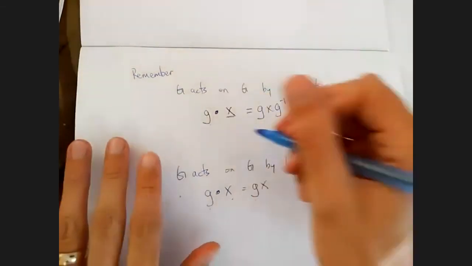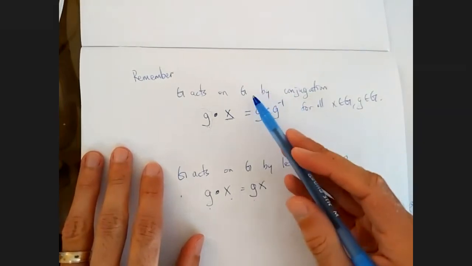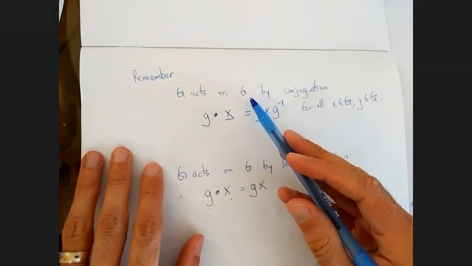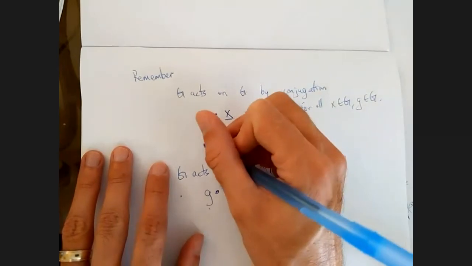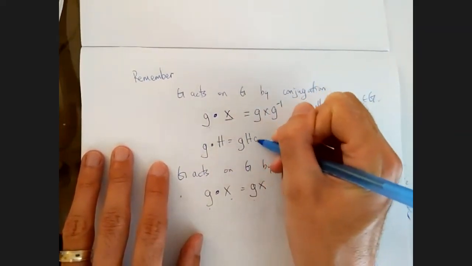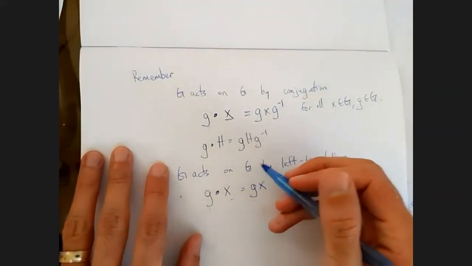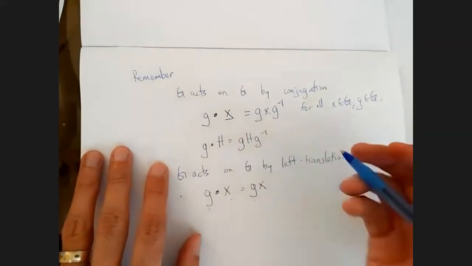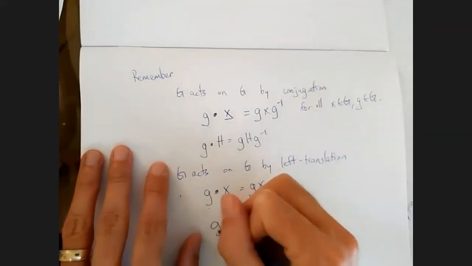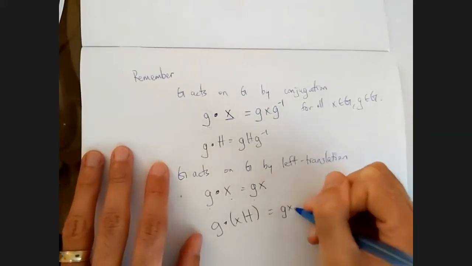And then G can also act on the set of subgroups of G: G times H is just GHG inverse. And G can also act on the left cosets of some subgroup: G times XH is just GXH.